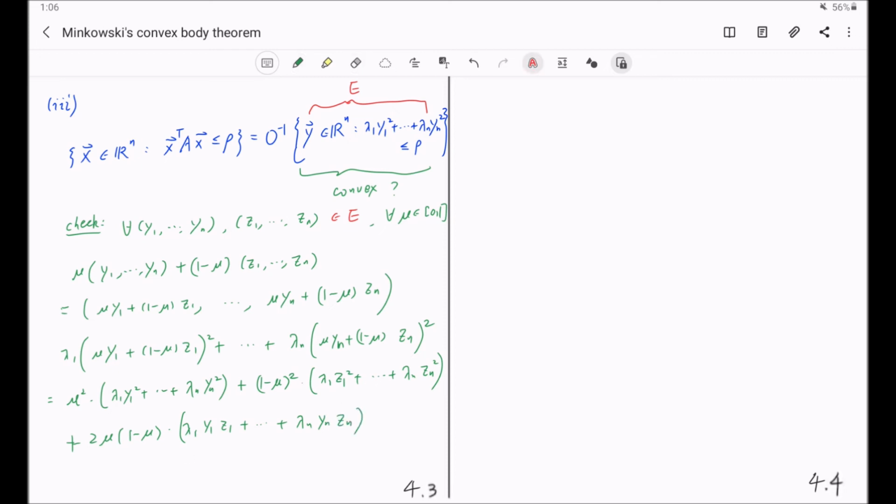And now do you see how to deal with this part? This should be very elementary. So if you don't see it, you just move this 2 to here.